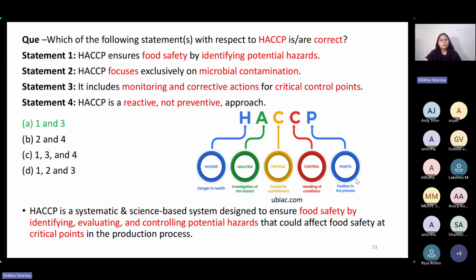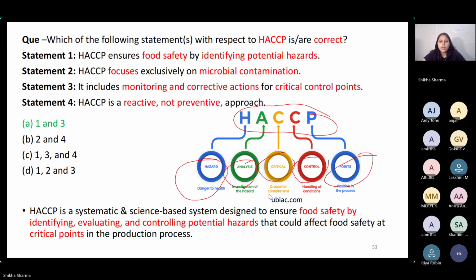Okay, so we are discussing the solution of this question, which says that first and third is the correct answer. In HACCP, H stands for hazard, A for analysis, C for critical, and the next C for control points. Hazard means anything which is causing a health hazard, and analysis means we need to analyze and investigate the hazard.